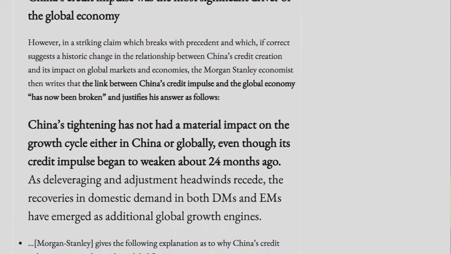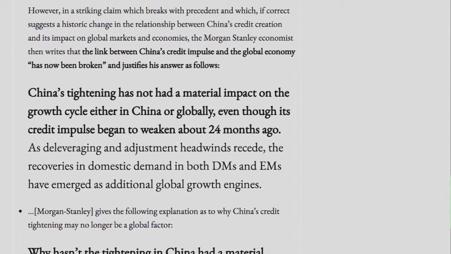However, in a striking claim which breaks with precedent and which, if correct, suggests a historic change in the relationship between China's credit creation and its impact on global markets and economies, the Morgan Stanley economist then writes that the link between China's credit impulse and the global economy "has now been broken," and justifies his answer as follows.